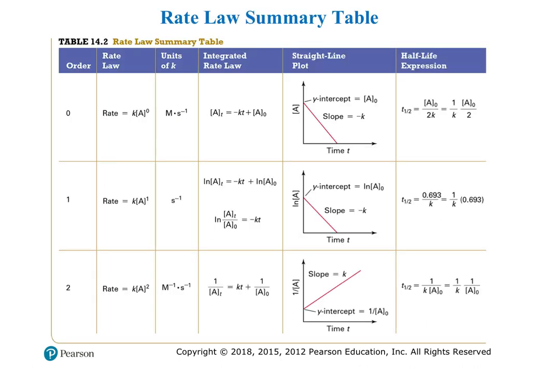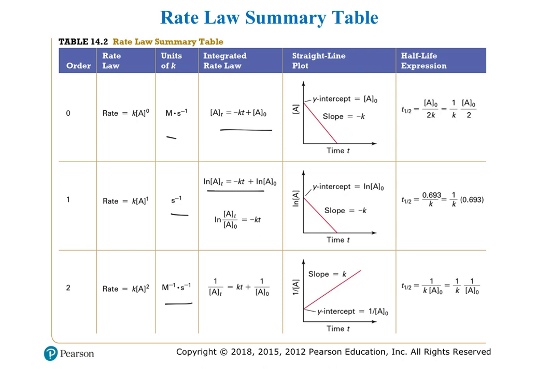Here's a nice little summary of all the rate laws and some of just the half-life expressions, as well as when they're going to be a straight line, their integrated rate laws, the units of their constant. Try not to memorize this. I would encourage you to be able to solve it, right? Just like we've done for the constants.